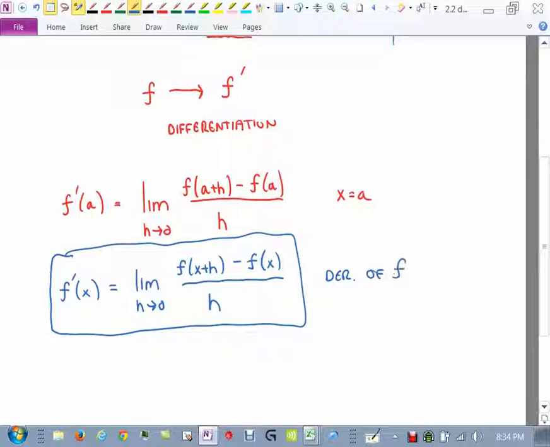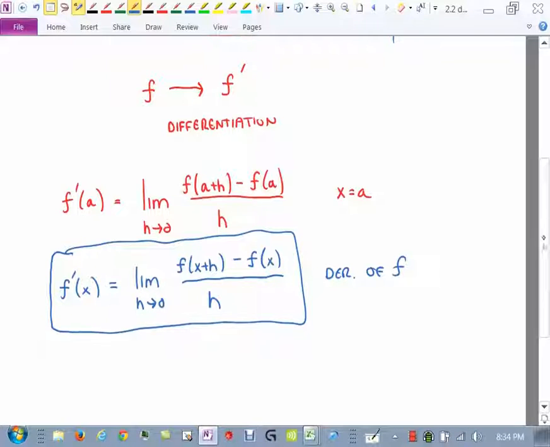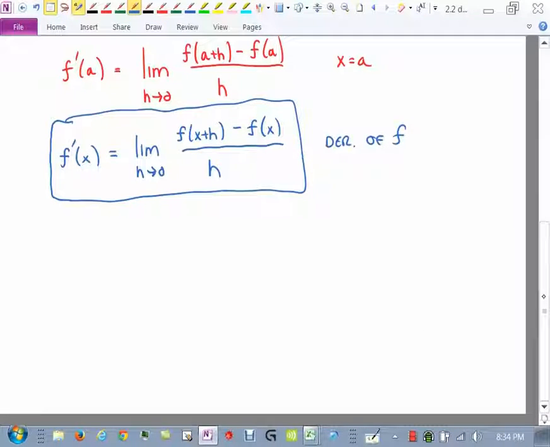Now, because this is used so much and it's so important, we have different notations. So let me give you some of the notation that we have here. If y is given to us as being some function of x, then the derivative, f prime of x, can also be written as y prime, or we could also call it dy dx.